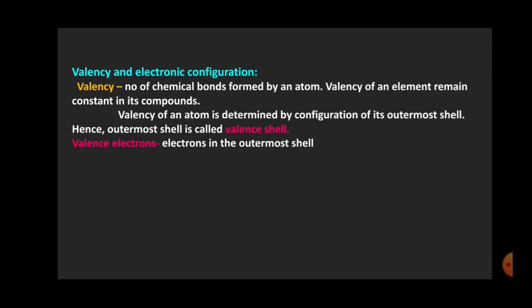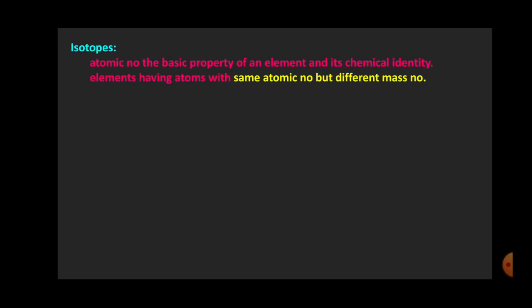It can be K, L or M, depending upon the shells present in the atom. So valency electrons are nothing but the electrons present in the outermost shell, and that number denotes the valency of the atom. Next is isotopes.